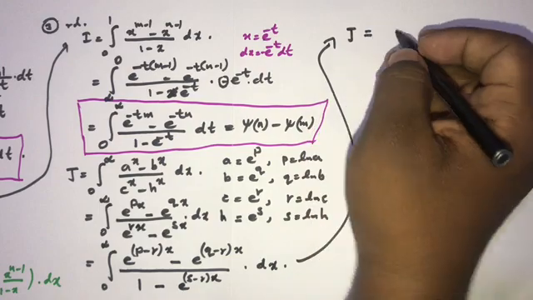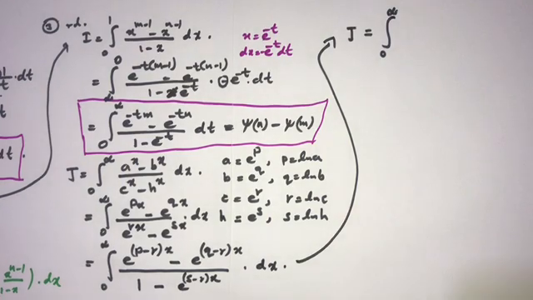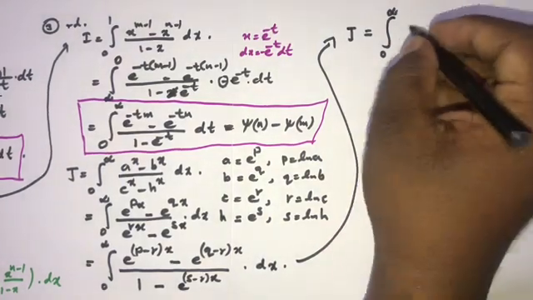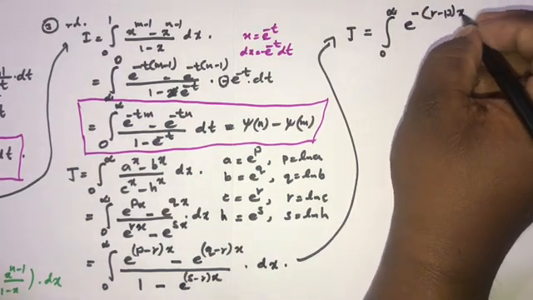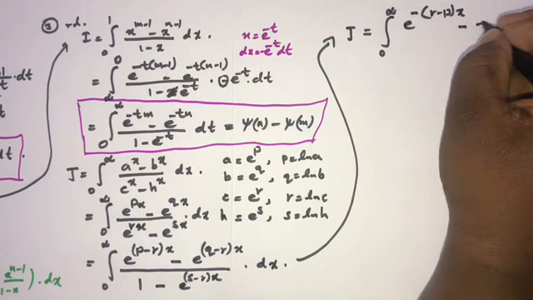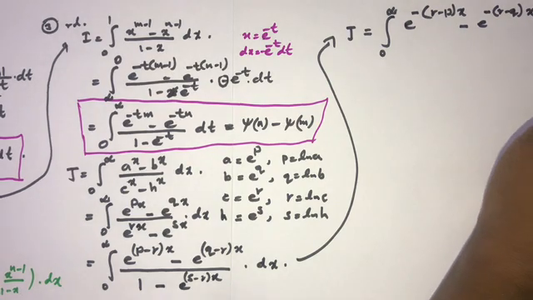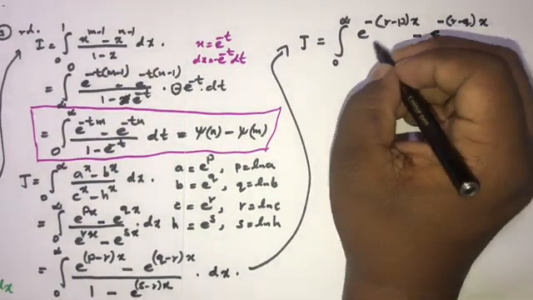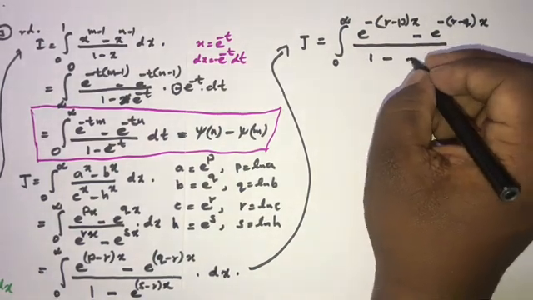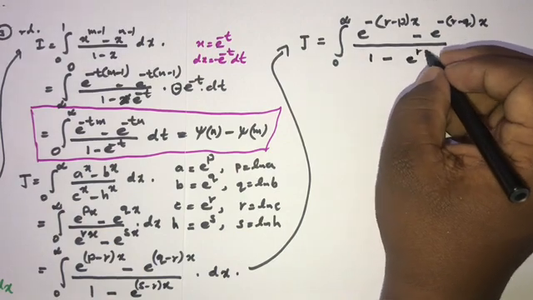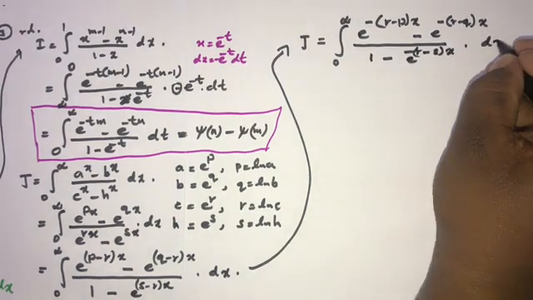so we can write j is equal to 0 to infinity e to the minus r minus p times x minus e to the minus r minus q times x over 1 minus e to the minus r minus s times x dx.